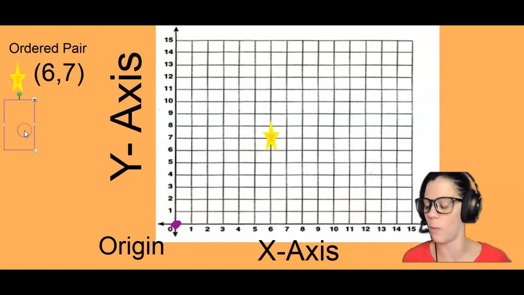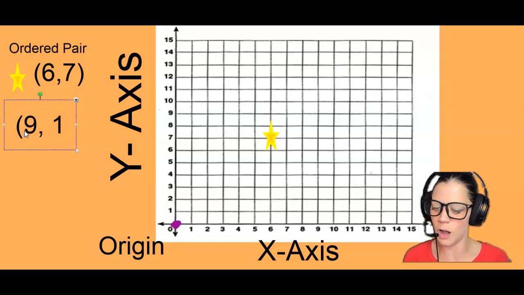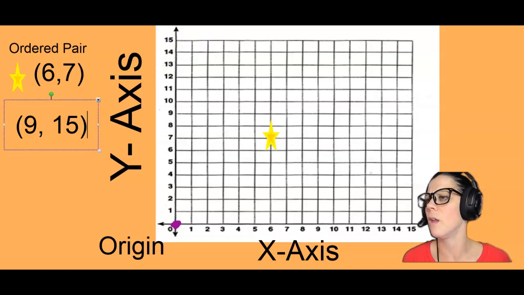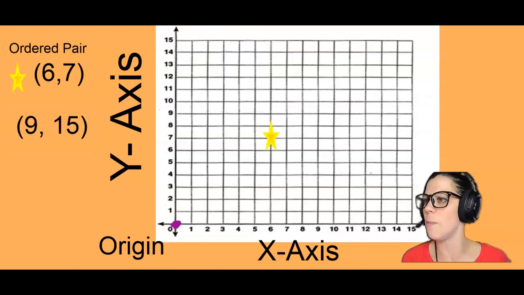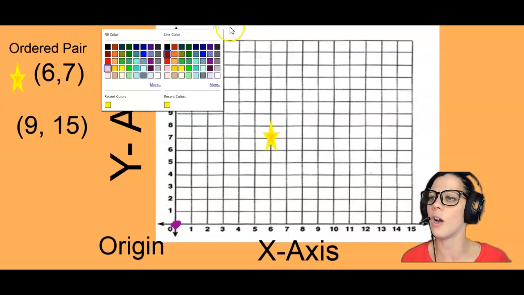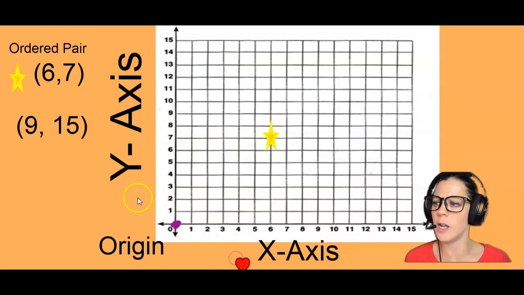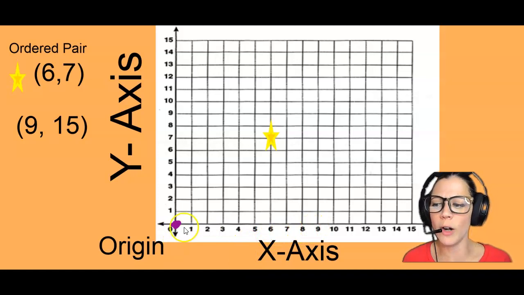So let's plot the points. Let's do 9, comma 15. And I'm going to plot that point using a shape. Let's do a heart this time. So if I'm plotting point 9, 15, oh, I don't want to do it right there. I'm going to go over 9, so 1, 2, 3, 4, 5, 6, 7, 8, 9, and then up 15.